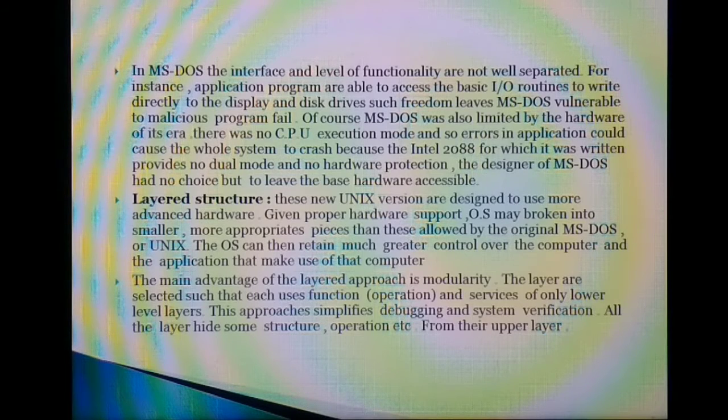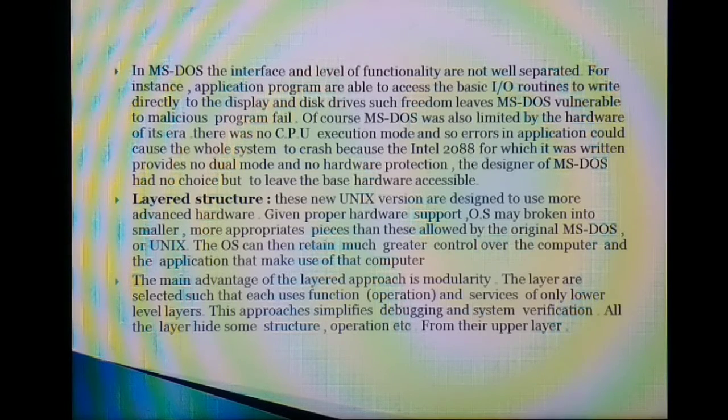The main advantage of the layered approach is modularity. The layers are selected such that each uses functions and services of only lower-level layers. This approach simplifies debugging and system verification.